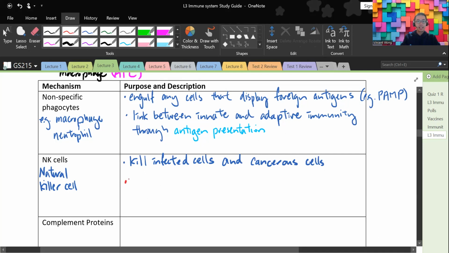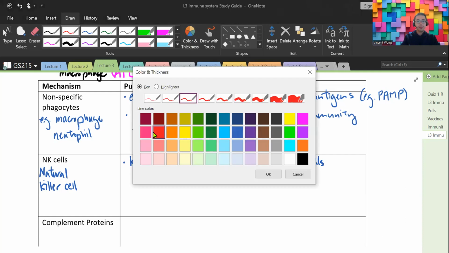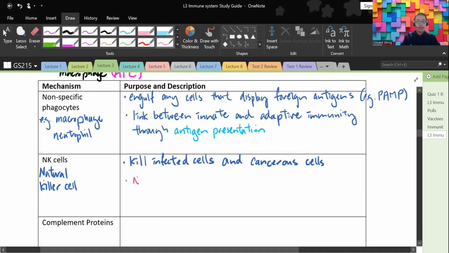And the way that it does it, the description, right? The way that it does it is the NK cells can trigger apoptosis in target cells.